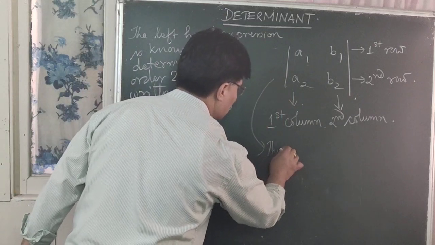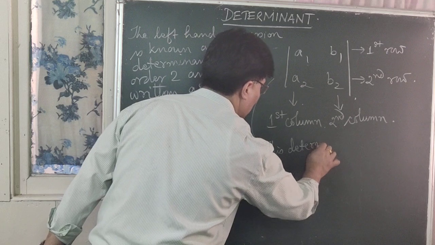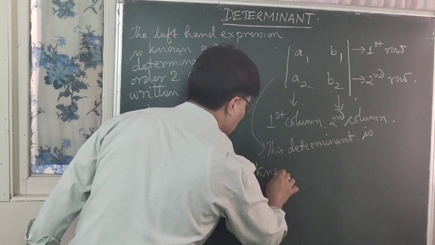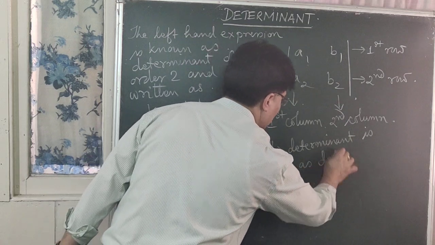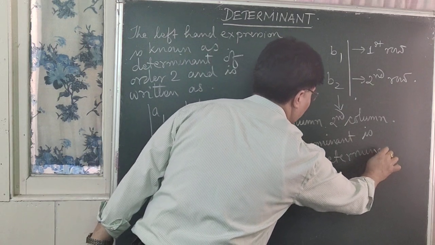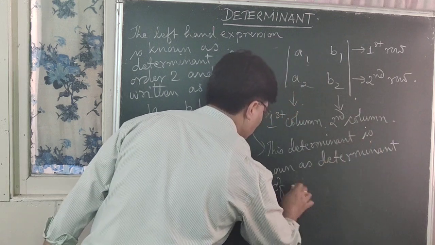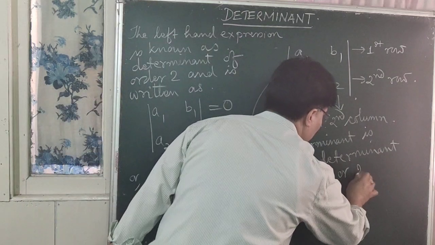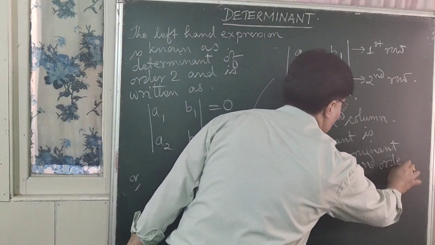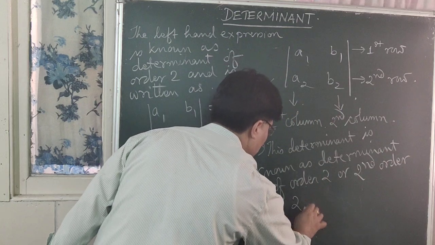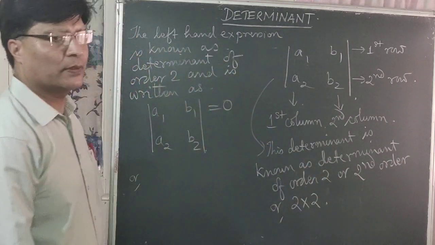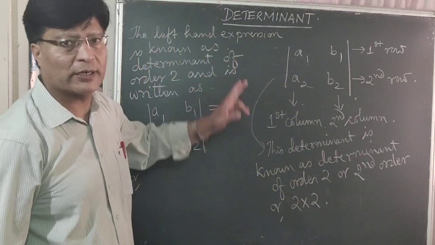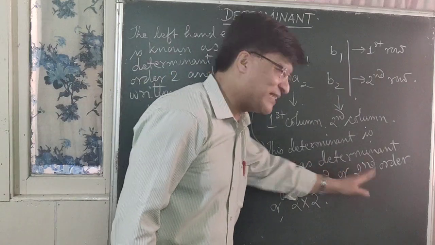This determinant is known as determinant of order 2, or you may write second order, or you may write 2 into 2, because there are 2 rows and 2 columns.